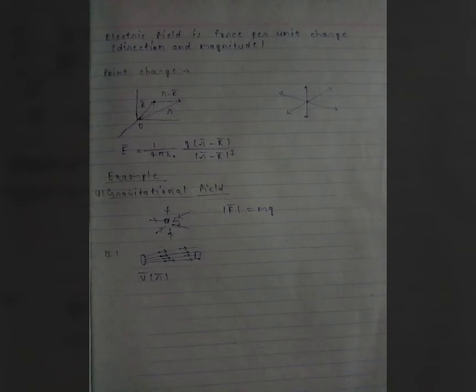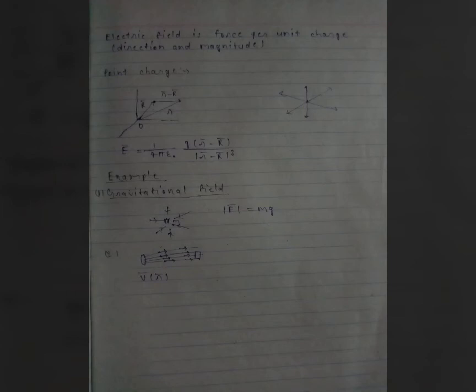So, something exists, that gravitational field exists because of this mass being somewhere, right? And given any other mass put here, it experiences a force F vector whose magnitude is given by m times this gravitational field, which we call g, gravitational acceleration.